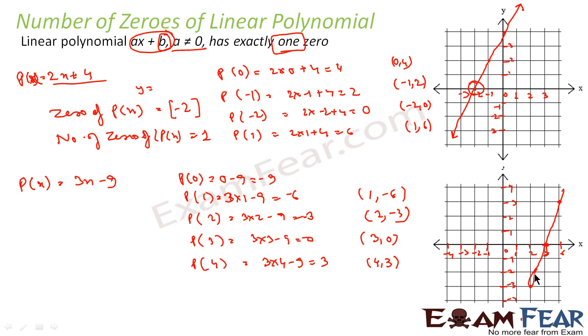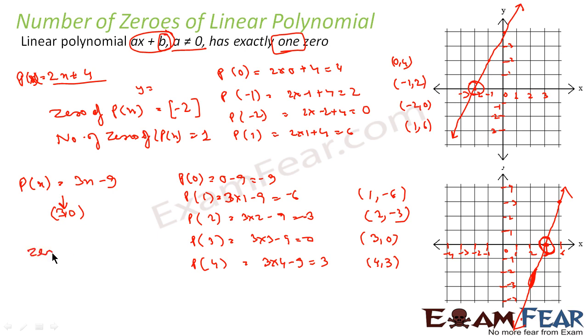Sorry, this would be a straight line. I somehow made it curved. So a straight line like this. If you see, this line meets the x-axis at this point, and this point is nothing but x is 3 and y is 0. And we have to find the x-coordinate. So this is x-coordinate 3.